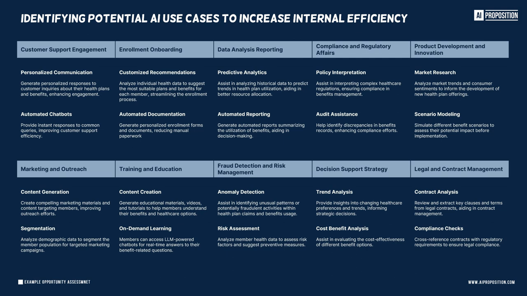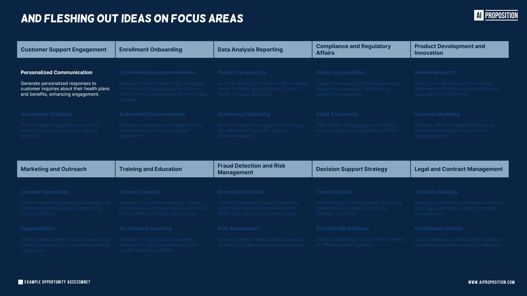So here we have about 20 different directions we could go in, just based off of the complexity and jargon that the young adults new in the job market are experiencing with regards to your health plans and benefit service. So if we picked personalized communication, we could say, let's focus on that and see what we can flesh out.